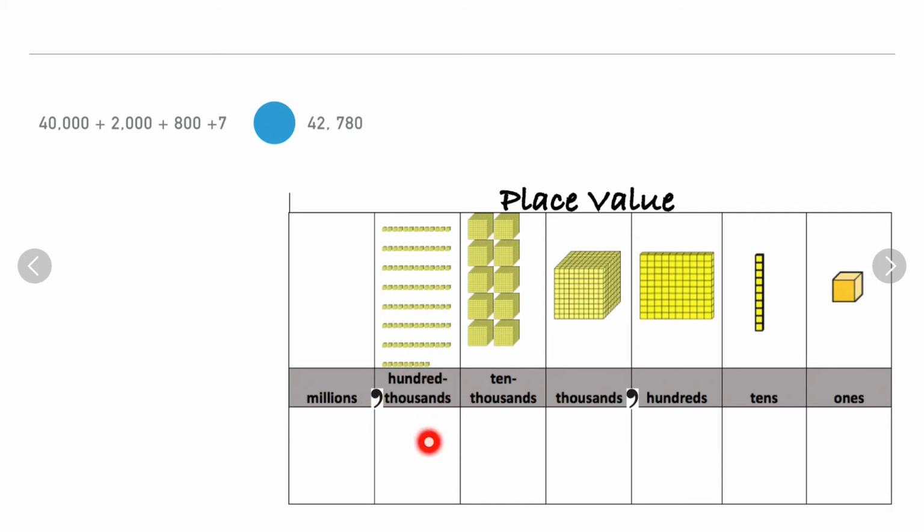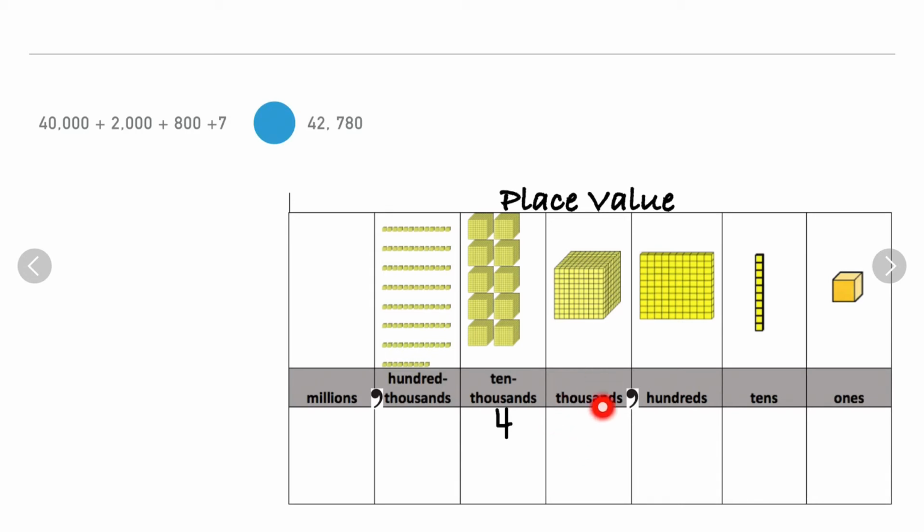How many hundred thousands do I have? Yep, that was a trick question. I don't have any 100,000s. How many 10,000s do I have? That's right, I have 4 10,000s because 4 10,000s is the same thing as 40,000.